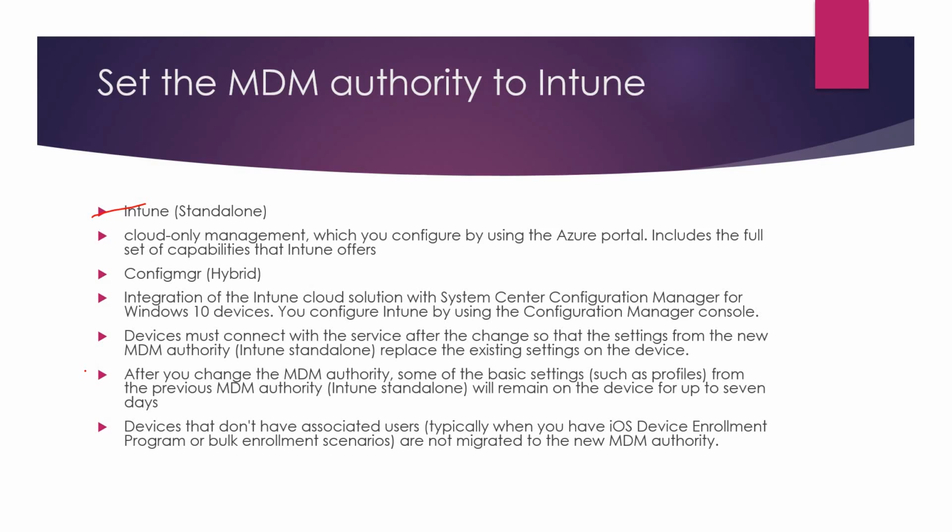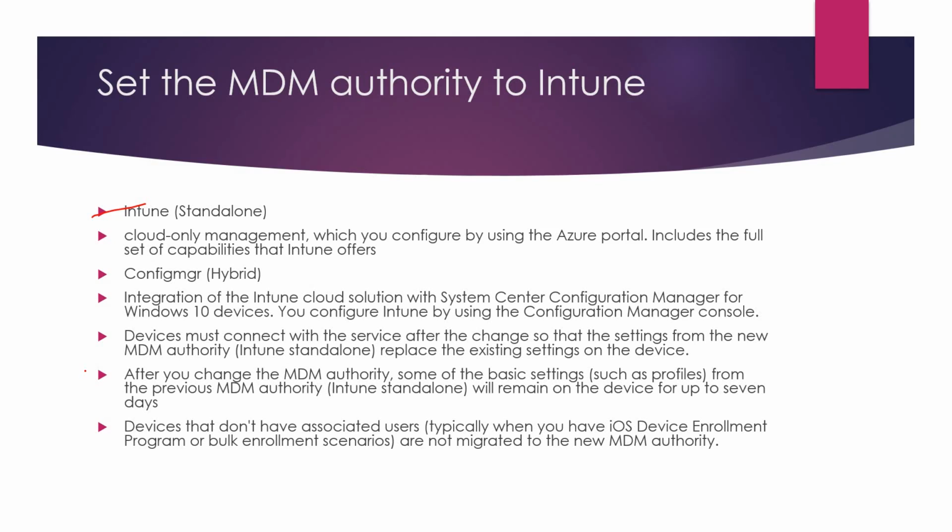Okay, and we also have an option of changing the MDM authority from config manager to Intune. So let's say that we are currently in a hybrid setup and now we want to move to Intune standalone. In that case, we will have to change the MDM authority from hybrid, or from SCCM, to Intune.